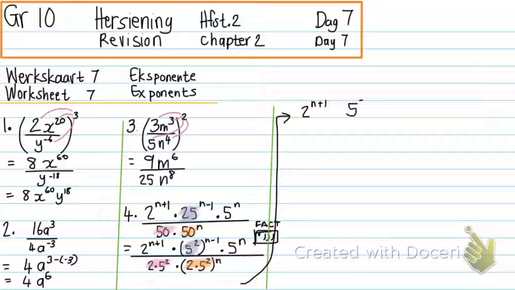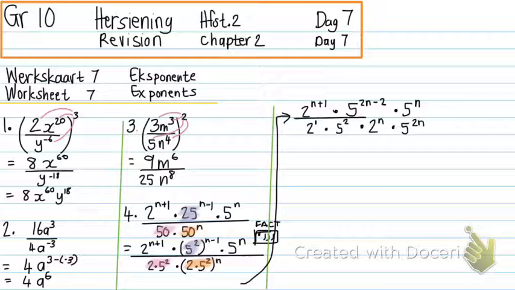So then I get 2 to the power n plus 1, 5 to the power 2n minus 2, times 5 to the power n, over 2 to the power 1, 5 to the power 2, 2 to the power n, 5 to the power 2n.